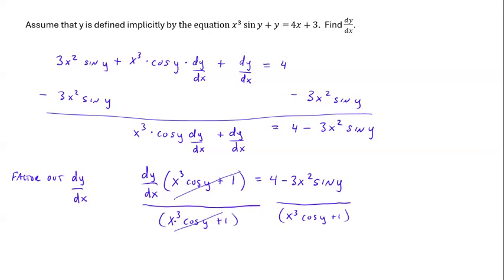That's what we want, and that's going to allow us to solve for dy/dx. And that's going to be equal to the right-hand side, and you can copy it just like you see it: 4 minus 3x squared sine of y, all of that over x cubed cosine of y plus 1.